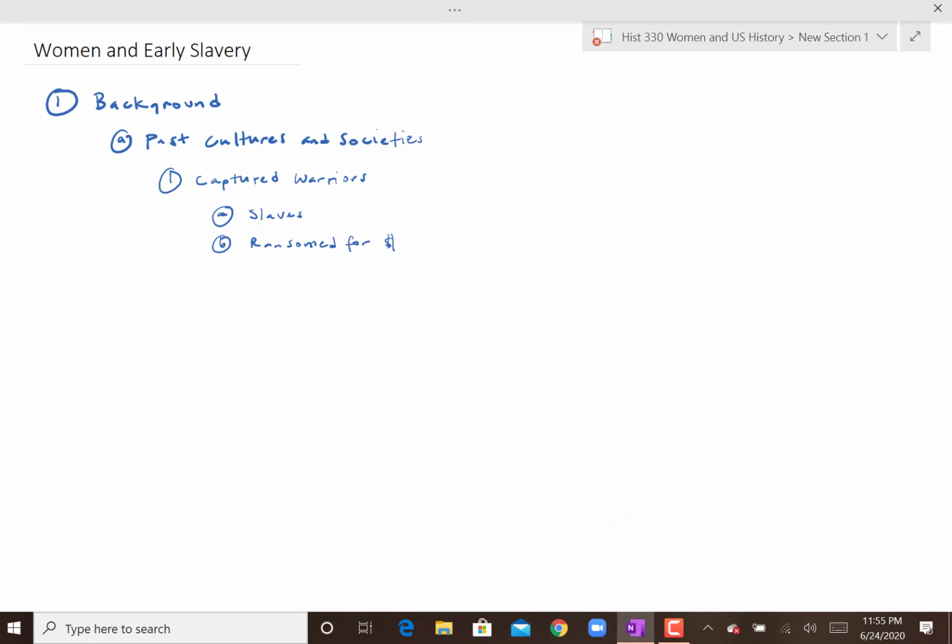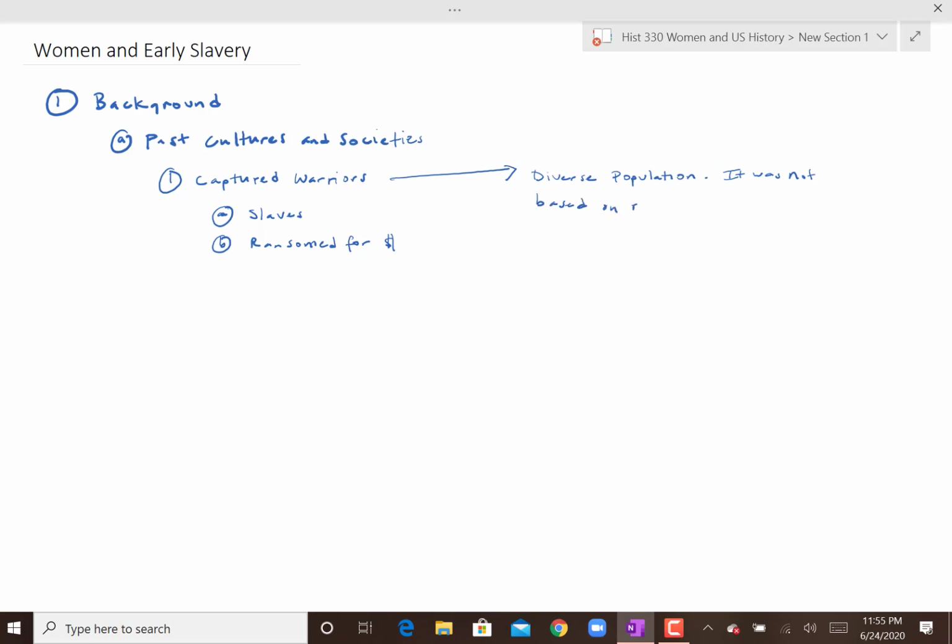And I think what's important to recognize is that this created a group of slaves that was a diverse population. It was not based on race, especially because a lot of places fought many different groups of people.